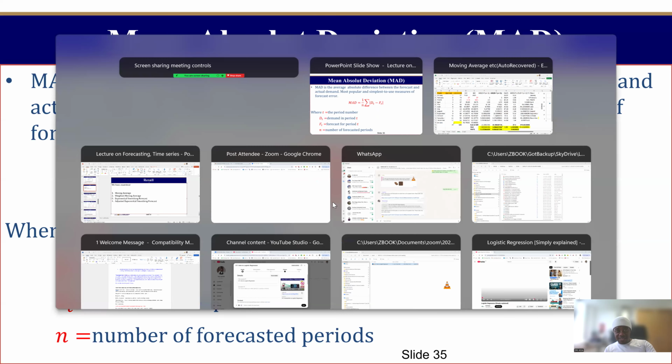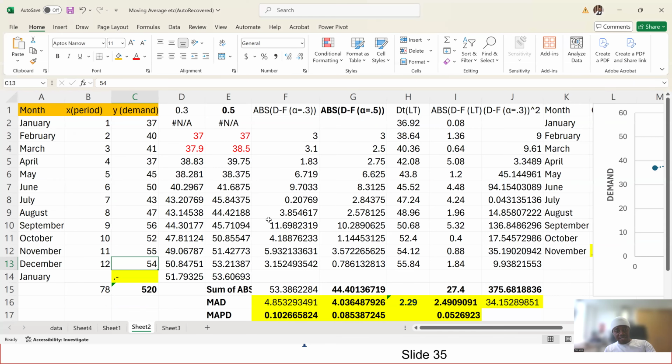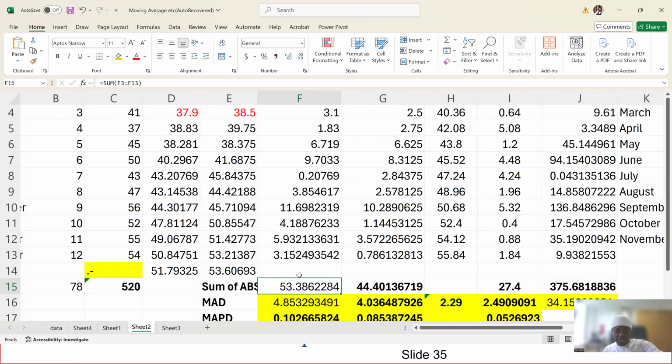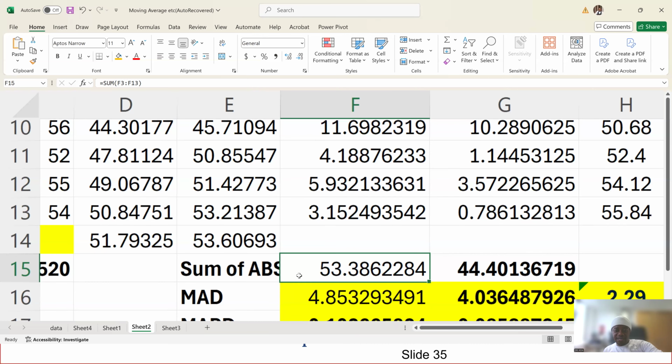I've done it in Excel, which I've sent to you, and I've also done it manually. We have to know that we are using this period, the K value of 3. So this column here is the column we are using. So we sum them, we get this value, 53.386.